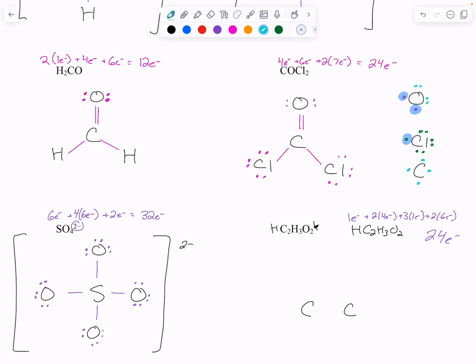Typically speaking, C's and H get along real well. Now, if you saw acetic acid, sometimes you'll see it written CH3COOH, because it's bonded that way.